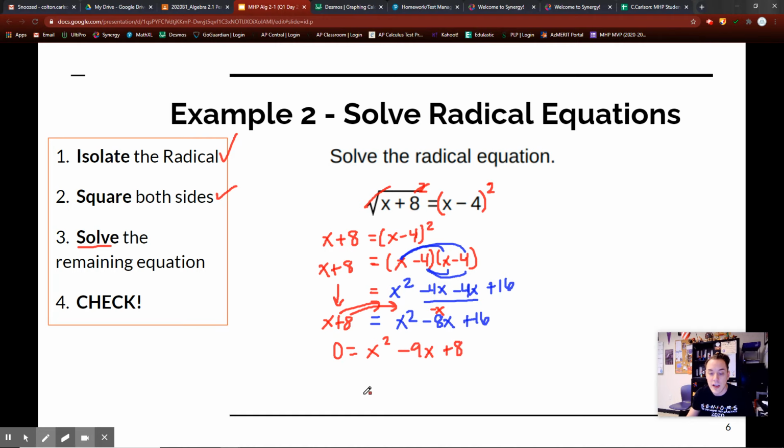Now, what are factors of 8 that somehow, some way add up to negative 9? There's a couple of them. So let's do, well, there's actually one of them. Let's do my basic template. Since this right here is positive, I then look at my sign right here. By the way, this is review from Algebra 1. This is not Algebra 2 stuff, what I'm doing right here. I already did the Algebra 2 stuff by doing the square root. Everything else is Algebra 1. So right here, when I look at that sign, it's positive.